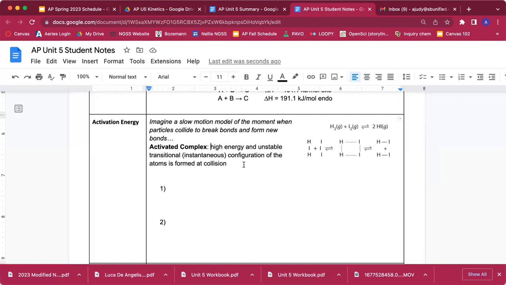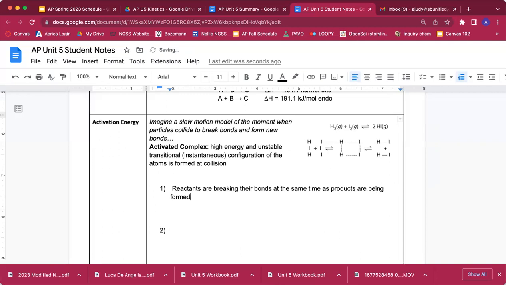This high energy complex is what defines our activation value for a given reaction. So if we were to break down the process, we say that reactants are breaking their bonds at the same time as products are being formed. And by that, I mean new bonds.